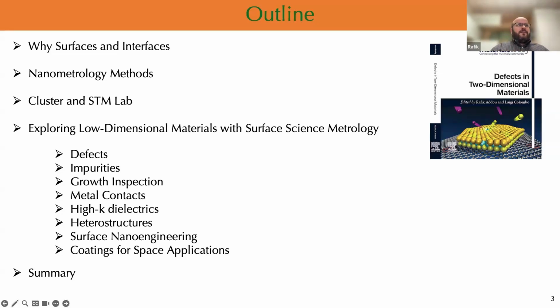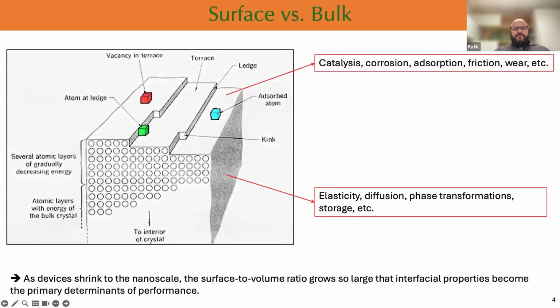I will give some examples of exploring low-dimensional materials, including thin films, with different surface science metrology. The majority of them were related to the SRC project that I was leading here at UTD, where I worked closely with companies like Texas Instruments, Intel, Micron, IBM, and GlobalFoundries. Those are some examples of studies. Then we'll finish with the summary.